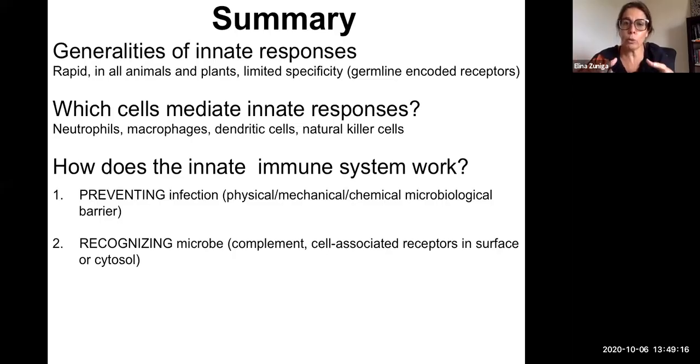but we also learned about some professional innate cells. We mentioned that we will learn more about basophils, eosinophils, and mast cells, which are important for parasite defense and play a role in allergies, later in the course.